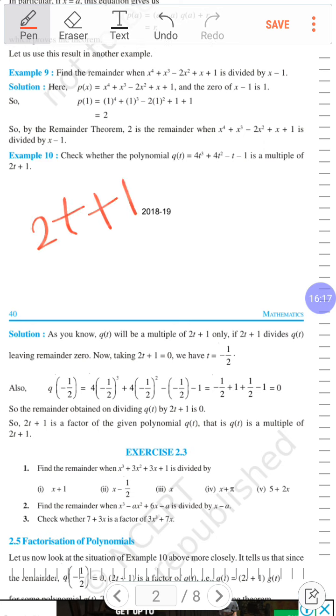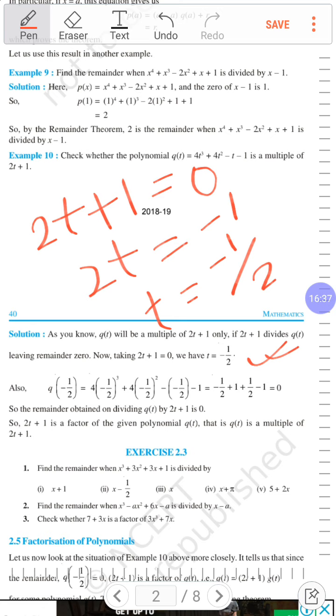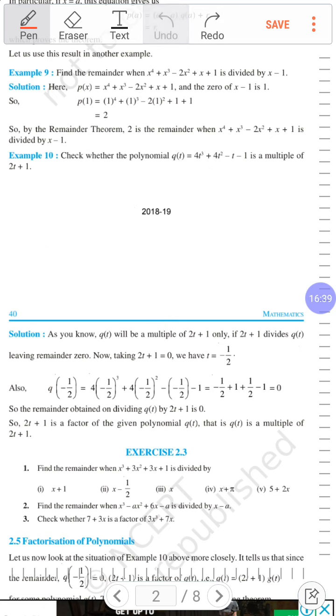So this is the zero of the divisor. In place of the variable t, we will be keeping minus 1 by 2.